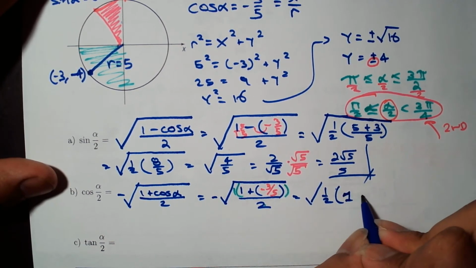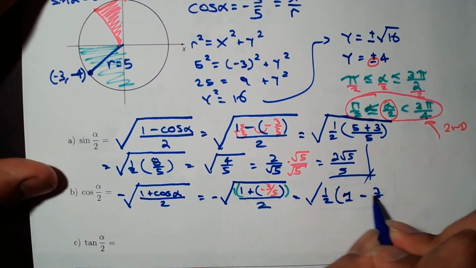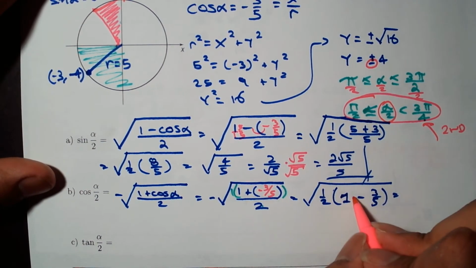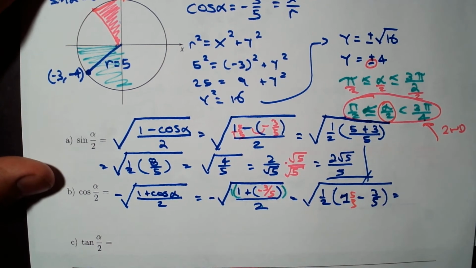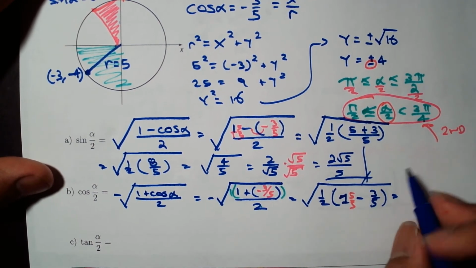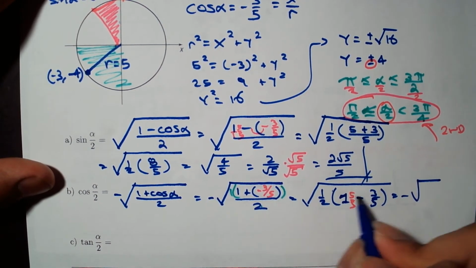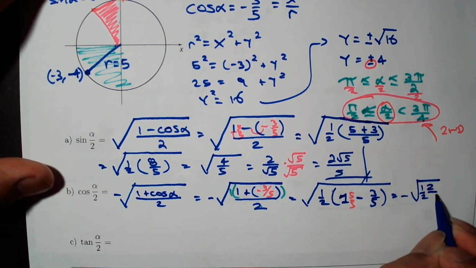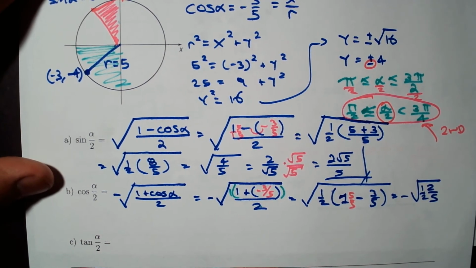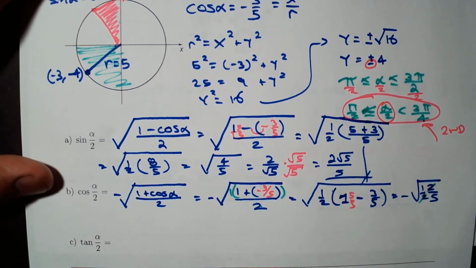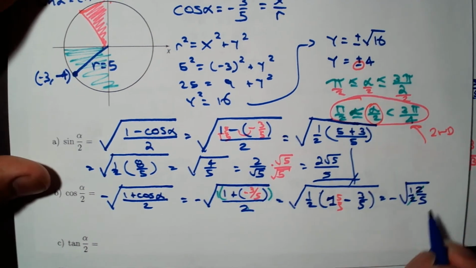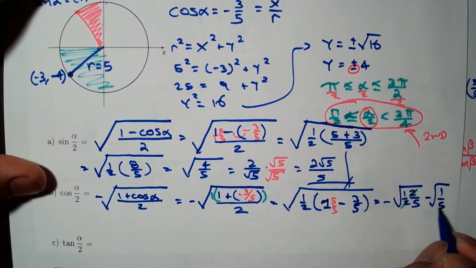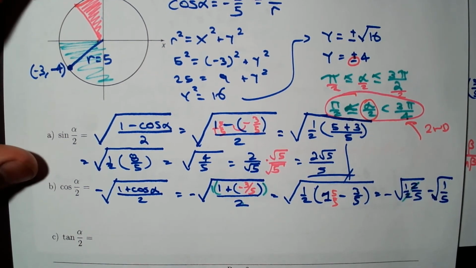So that's 1 minus 3/5, and this is 5 over 5, so this time 5 minus 3, which is 2. 1/2 times 2 over 5, and we cancel out these 2's, giving us negative square root of 1 over 5.